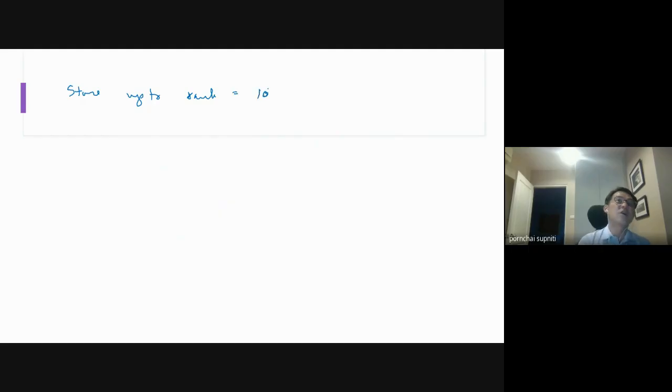Let's say that we are only concerned about the 10 largest eigenvalues, which is lambda 1 all the way to lambda 10. In this case, we can write the approximation of each rank.